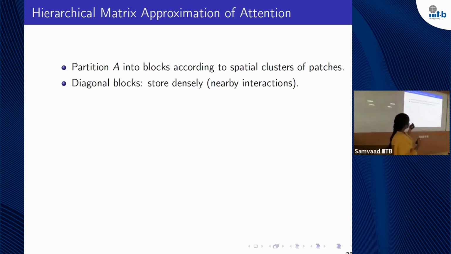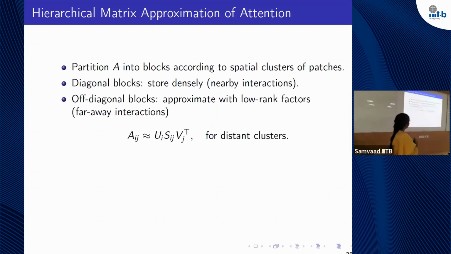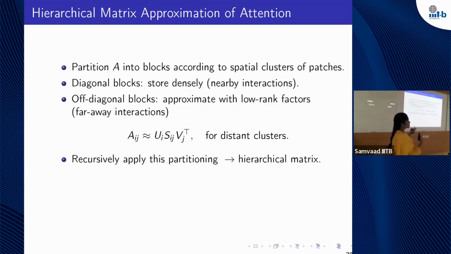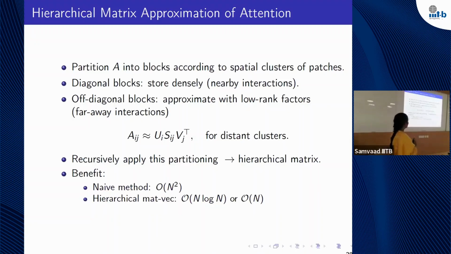It therefore fits very well to the hierarchical matrix structure that we have seen, and all of these off diagonal blocks can be low rank approximated. If you recursively do this partitioning, you can construct a hierarchical matrix structure. The benefit again is from O of n square to O of n or O of n log n.